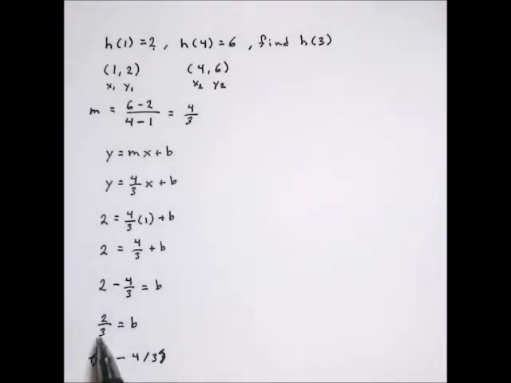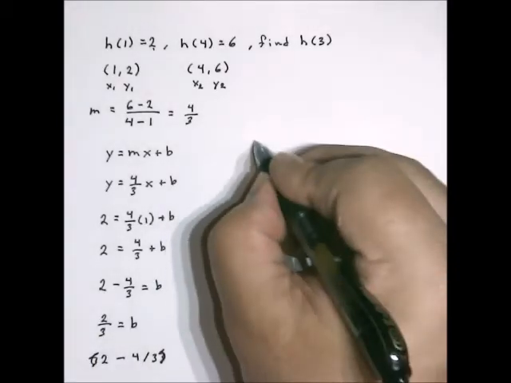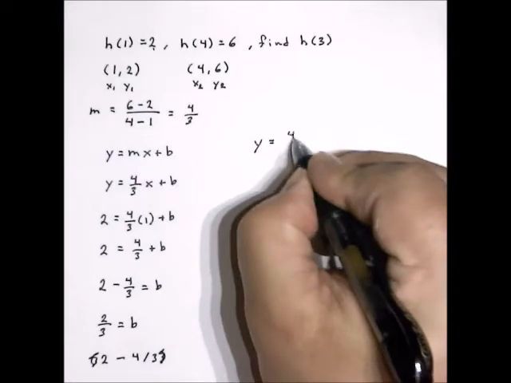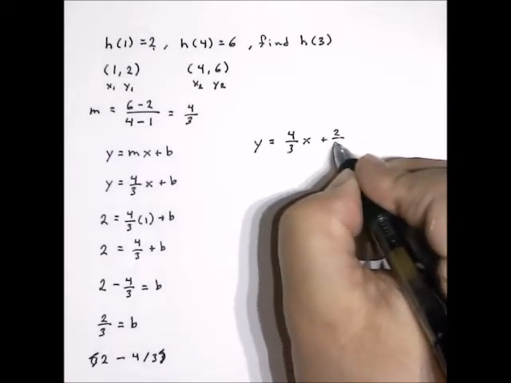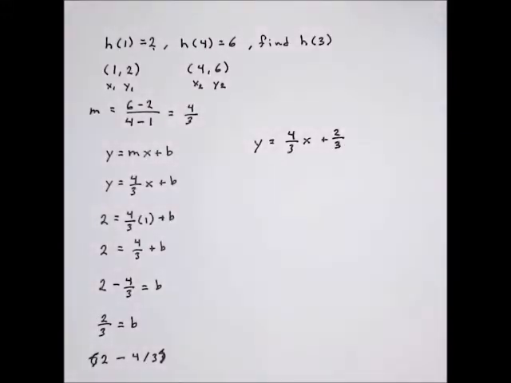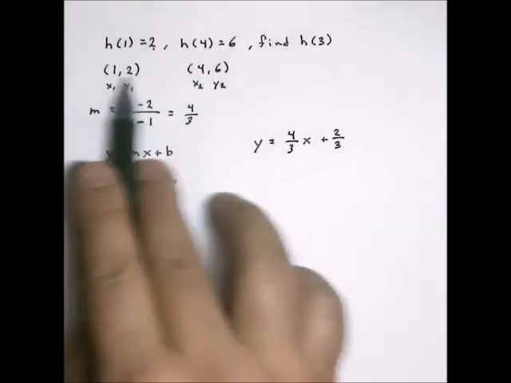And now I just plug this b in to this equation, and we found the equation of the line passing through these 2 points.